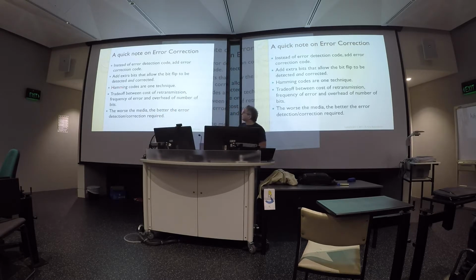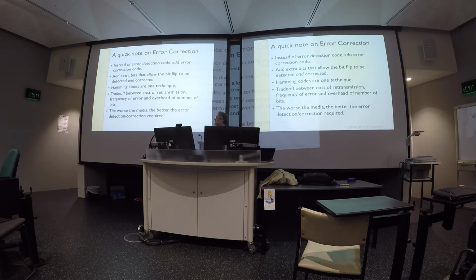But I think the thing I really want to point out here is this is always a trade-off. It's always a cost to doing this computation. And there's already enough complexity in these network pieces of hardware that you won't want to introduce more. So it becomes a trade-off between the cost of retransmission and the frequency of errors you get and the overhead in the number of bits that you have to transmit and the amount of time you have to spend in computation.